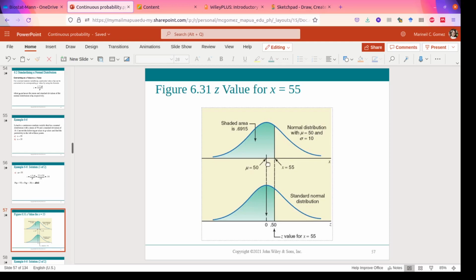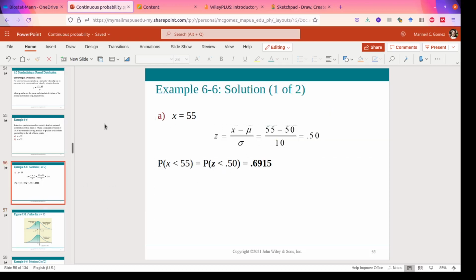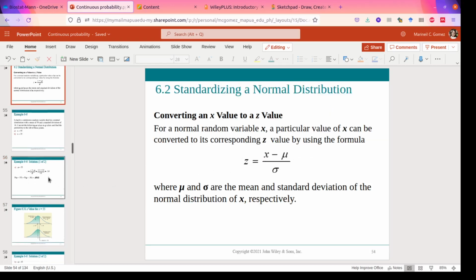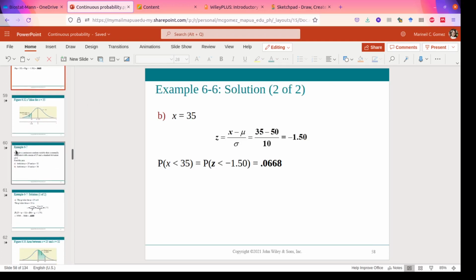You just need to convert your data, mu of 50 and x of 55 with a standard deviation of 10, to the standard normal distribution with mu equal to 0 and standard deviation of 1. Just apply this formula.